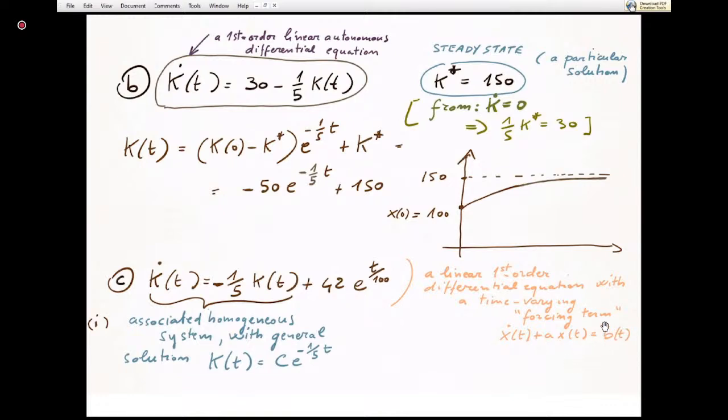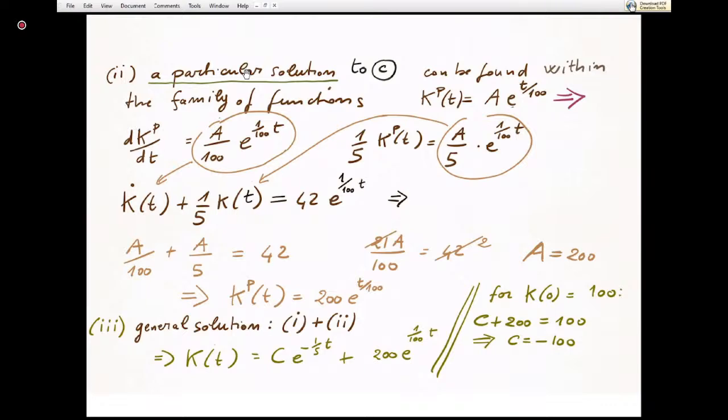We have to solve the associated homogeneous system first, which is the same as in the previous equation. It has general solution kt is equal to c times exponential minus 1 over 5t. We have to find a particular solution to this system and then compute the sum of the two solutions.